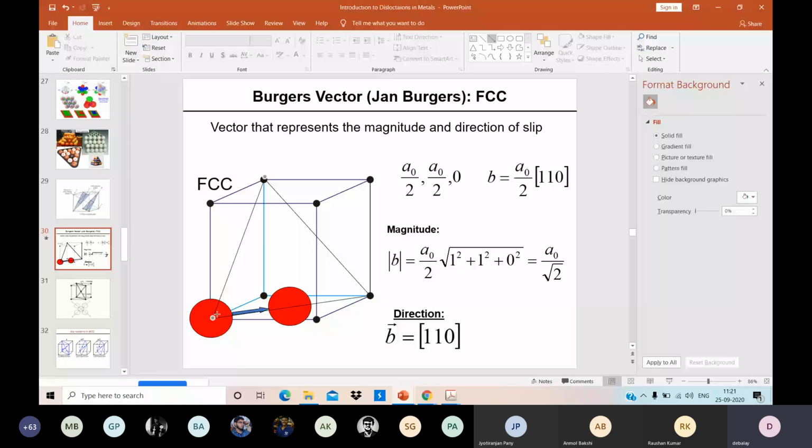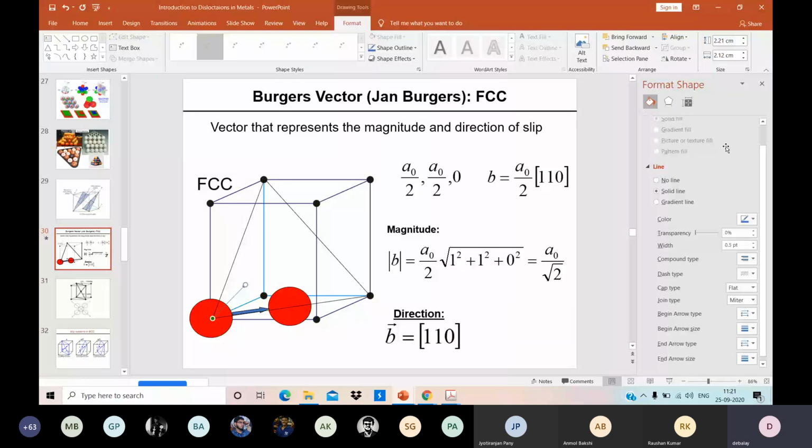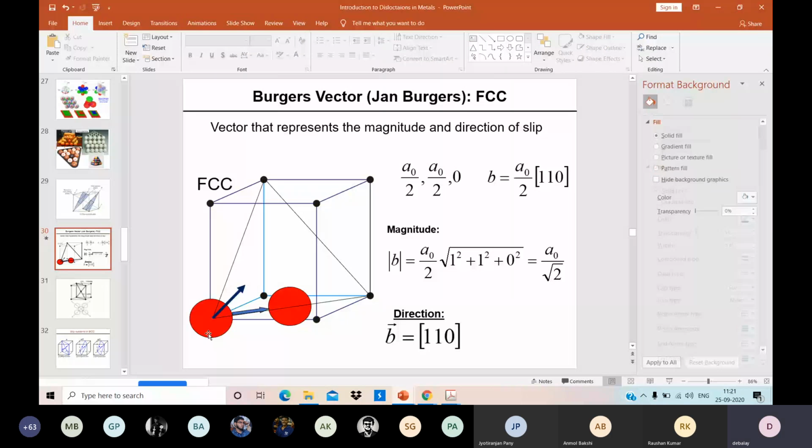This corner atom moving onto the plane I have drawn.